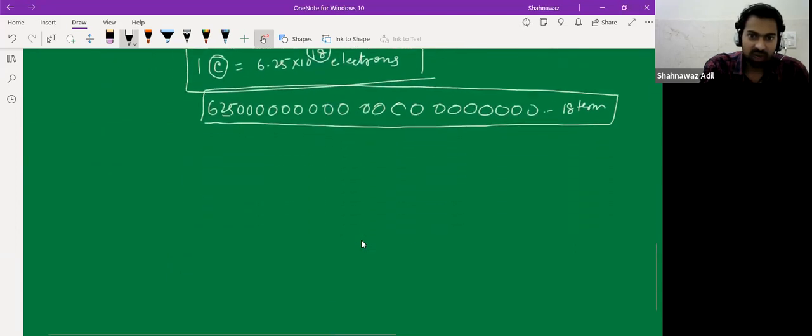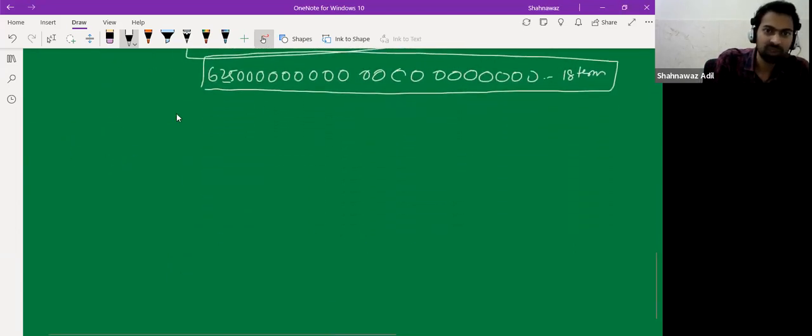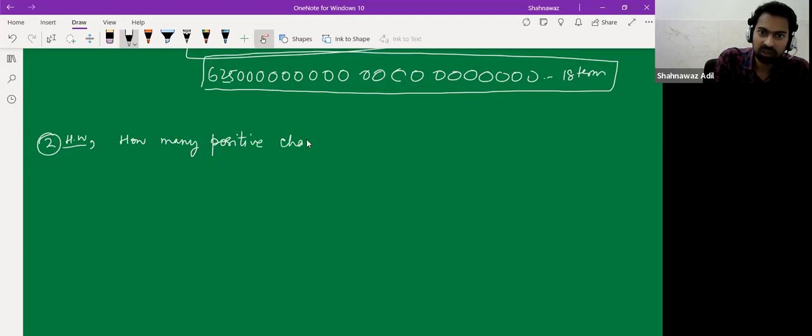Okay. So now let us do the second problem, right? And the second problem, you can take it as your homework. So take it as your homework: how many positive charges are there in, let's say, 635 gram of copper, right?